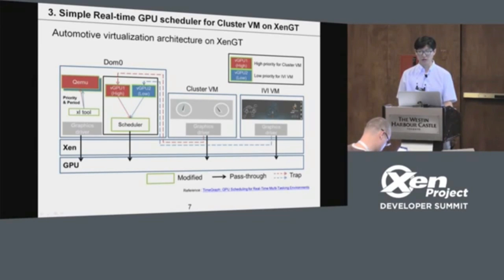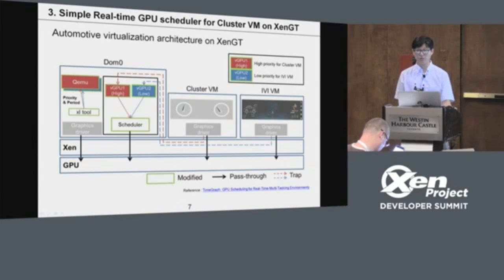I create two guest domains: a cluster VM and an IVI VM. The cluster domain has high priority and a 6 millisecond period time, and the IVI domain has low priority and a 1 millisecond period by default.